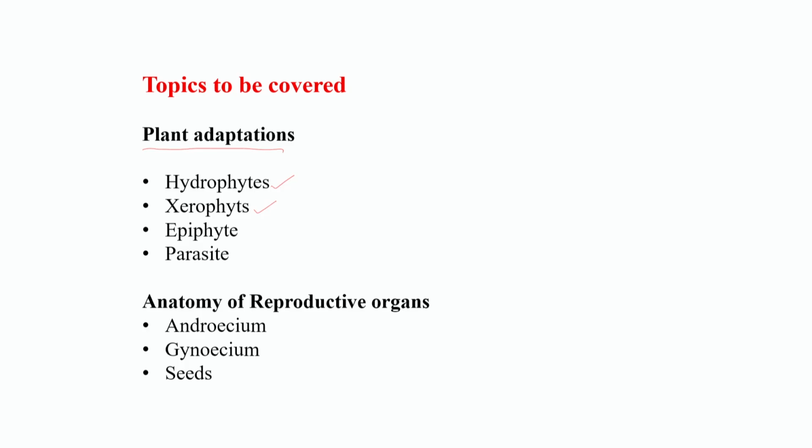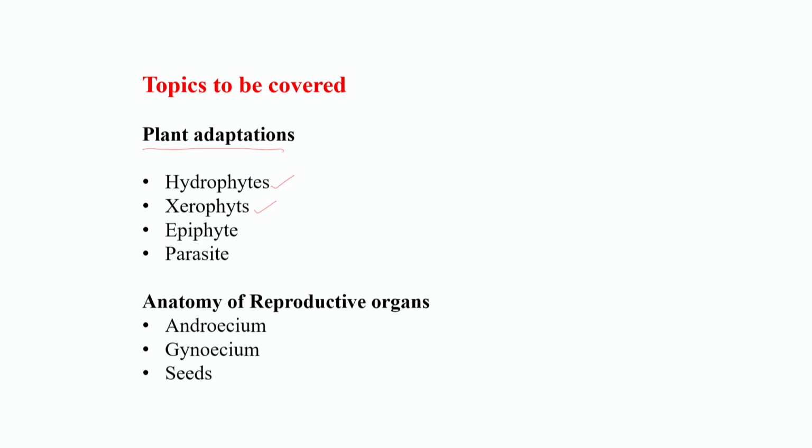Then epiphytes, which grow on other plants, and parasitic plants, which are completely dependent on the host plant for their nourishment. All these plants will definitely have some modifications slightly different from what we have learned, some basic differences in, say, their vascular tissue, their cortex, and the arrangement of different tissue layers.